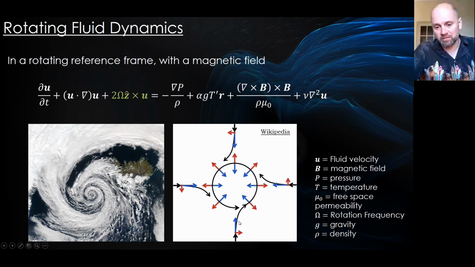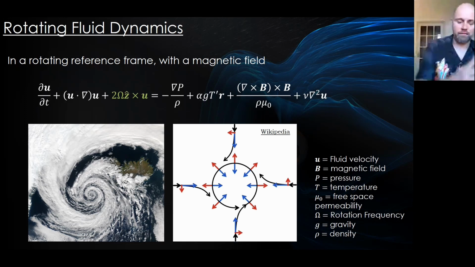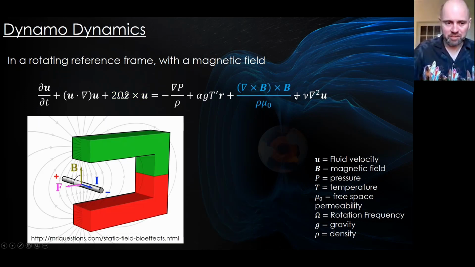So essentially the Coriolis effect is always pushing against the pressure gradient, and the flow is trying to go in, but it ends up circling around. So in these rotating frames, you tend to get vortex structures like this, and you'll see some examples later.